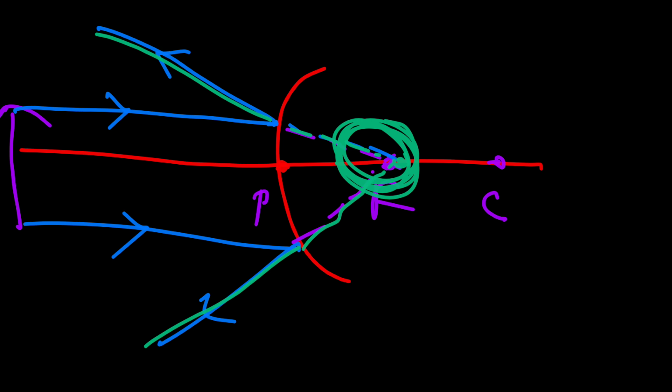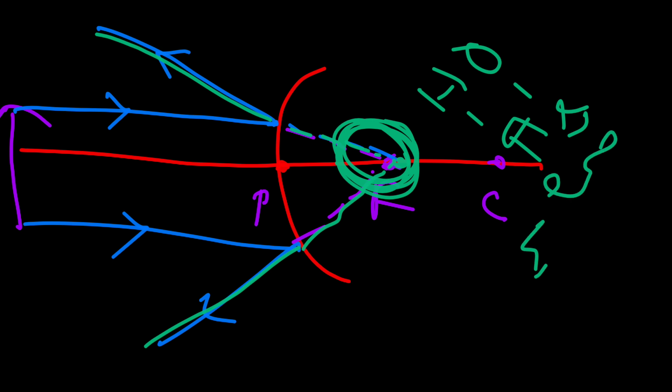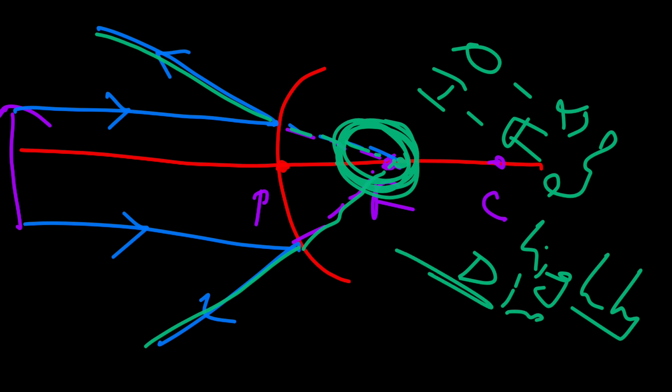So the position of the object is at infinity, and the position of the image is at focus. But what about the size? The size is highly diminished.